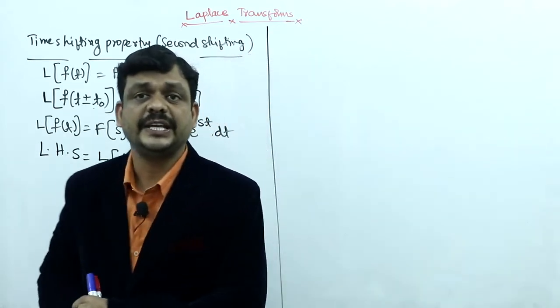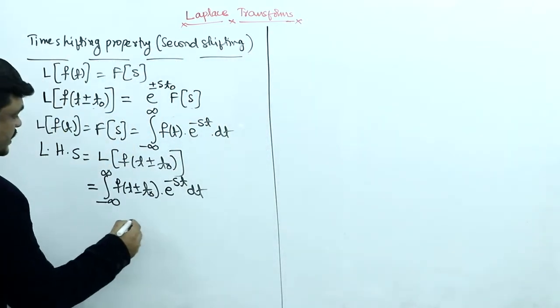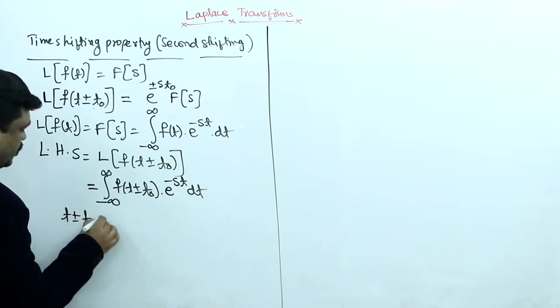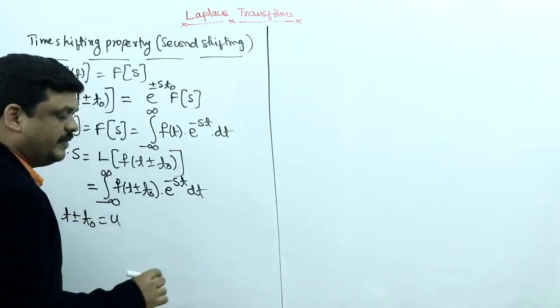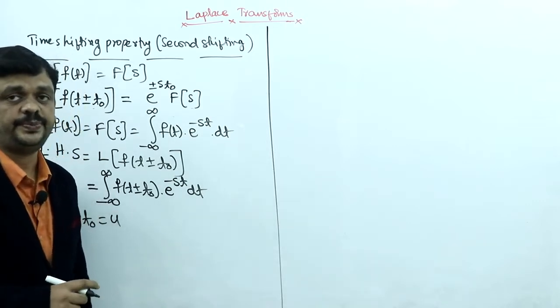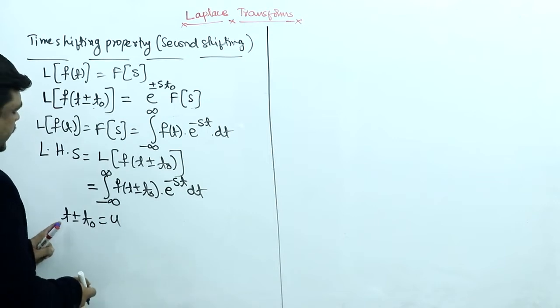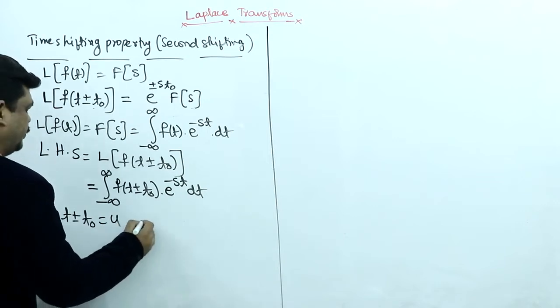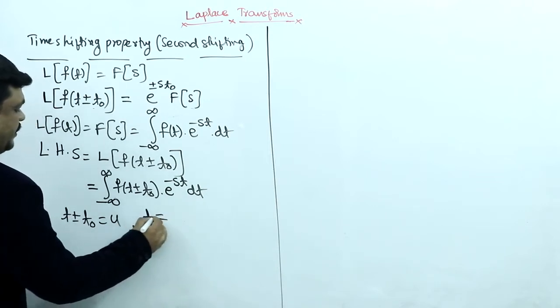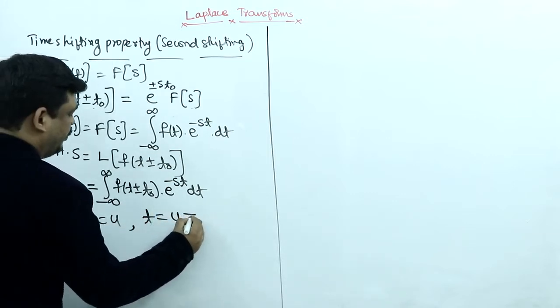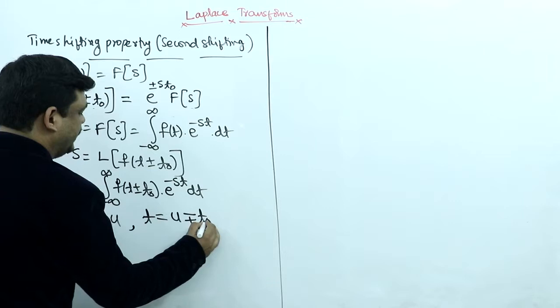To equate these two, I am assuming this analysis here: t plus or minus t naught is equal to some other variable, the variable u. We can assume any variable, right? So t plus or minus t naught is equal to u, then t becomes, taking t naught to this side, u minus or plus t naught.